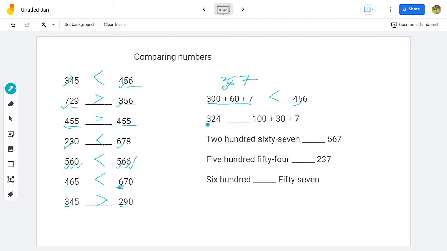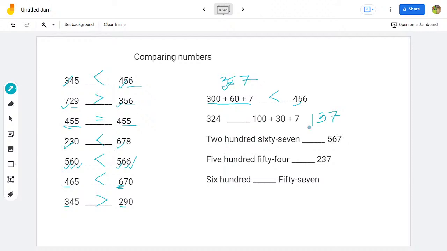Here we have 324 while on the other side we have 137. So what do you think? 137 जो होता है वो 324 से कम होता है कि ज़्यादा?